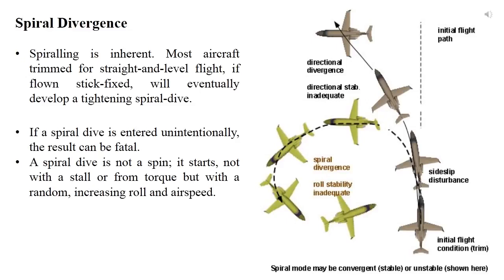It starts, not with a stall or from torque, but with a random, increasing roll and airspeed. Without prompt intervention by the pilot, this can lead to structural failure of the airframe, either as a result of excess aerodynamic loading or flight into terrain. The aircraft initially gives little indication that anything has changed.